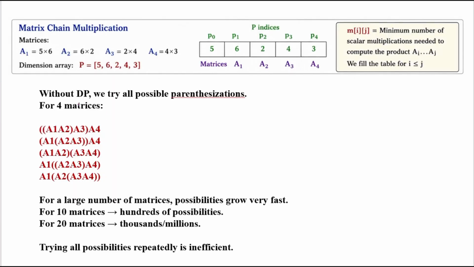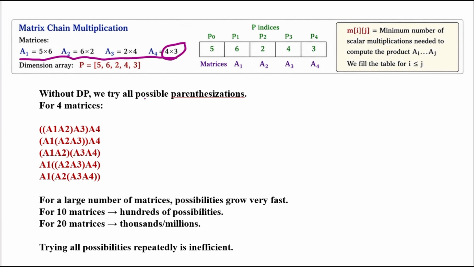Okay, so this is the problem. Four matrices are there and their dimensions are given. The first matrix A1 contains 5 rows and 6 columns. Here 6 rows 2 columns, 2 rows 4 columns, and finally 4 rows and 3 columns.